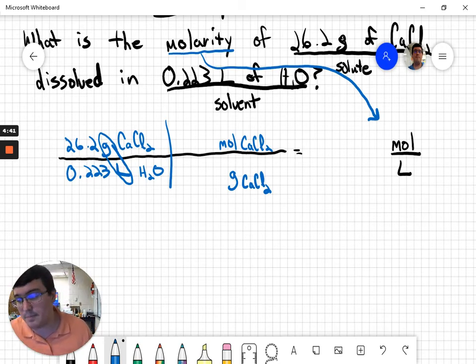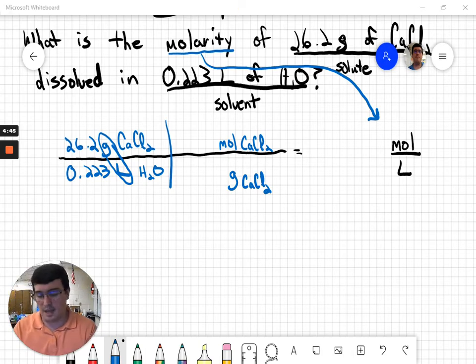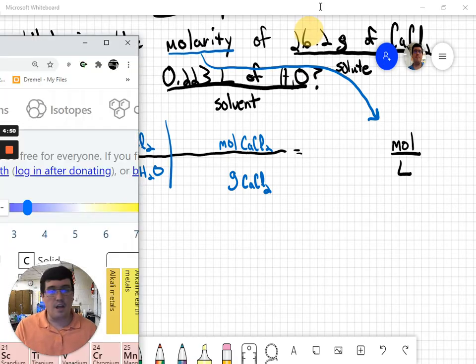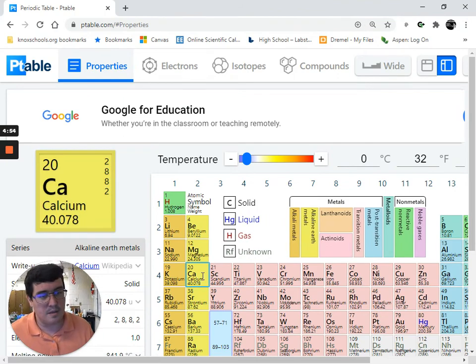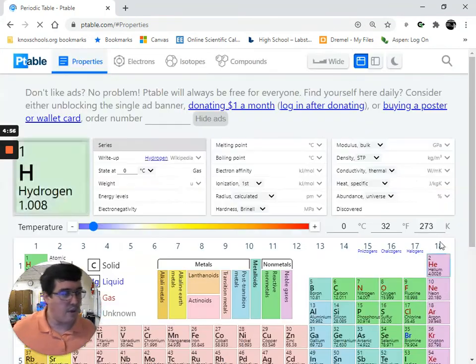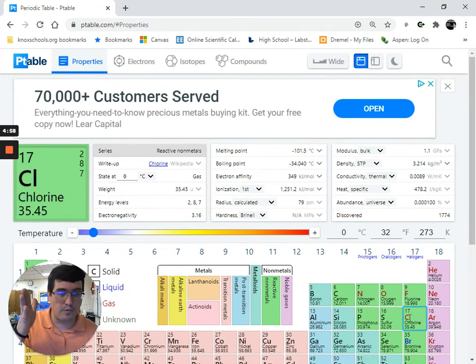Well, for that, I need my periodic table of the elements. And so I'm going to get me a ptable.com right here. And we're going to remind ourselves one more time, just one more time. This is why we spent so much time on this. Calcium is 40.08. And there are two chlorines. They're both 35.45.